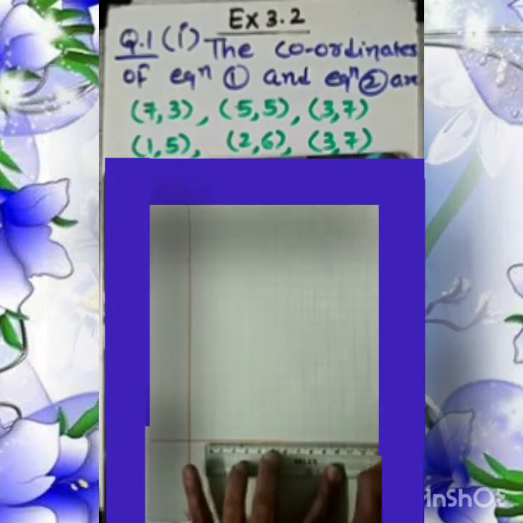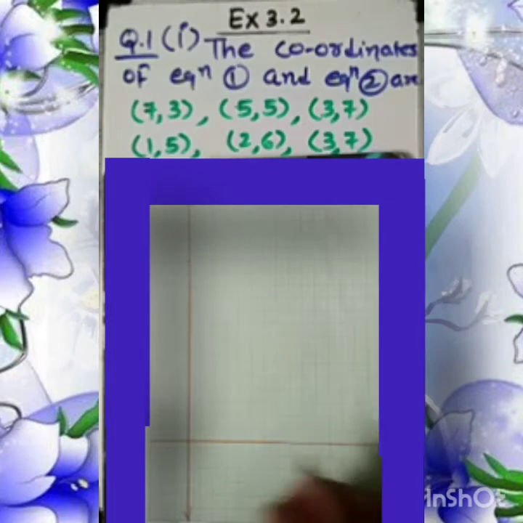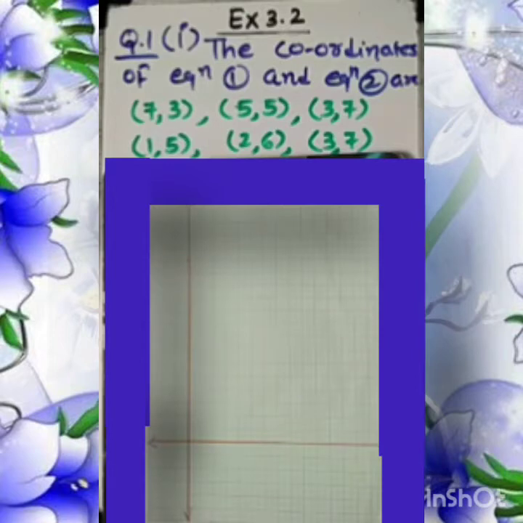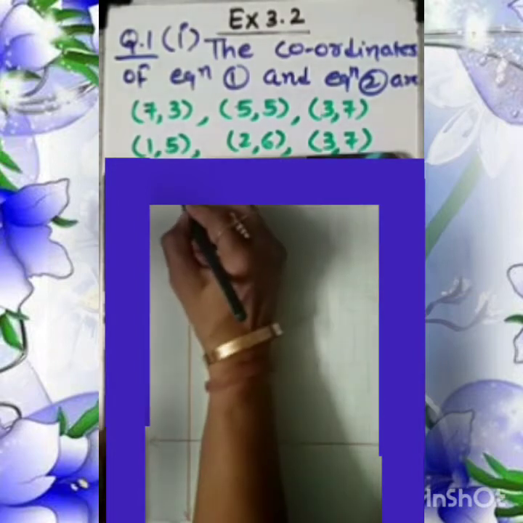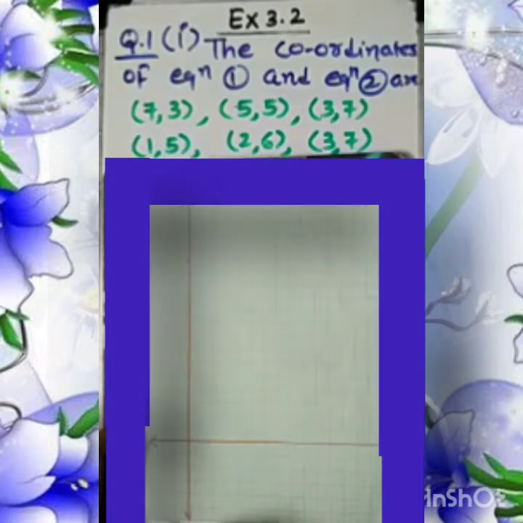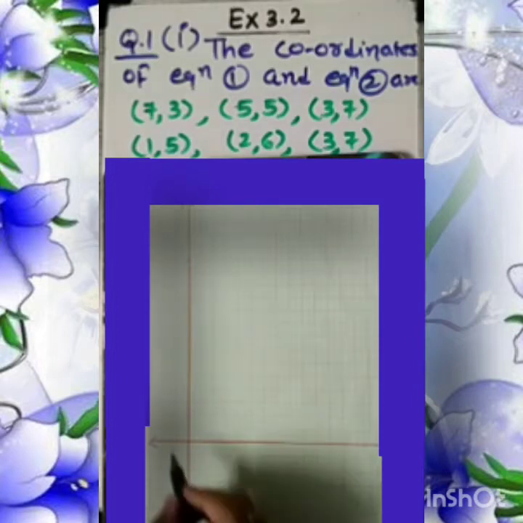Let me write its name. This is my x-axis, this is x dash axis. This is the y-axis and this is y dash axis. And as we know, this is 0, so this is the origin O.